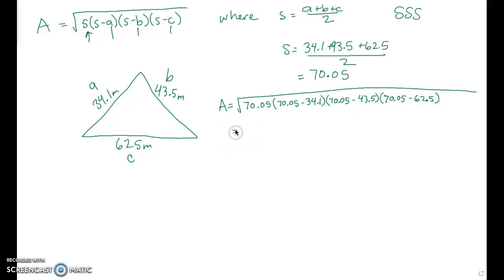So this, remember we're just multiplying here between each of these. So when you plug into your calculator, you need to be careful with that.